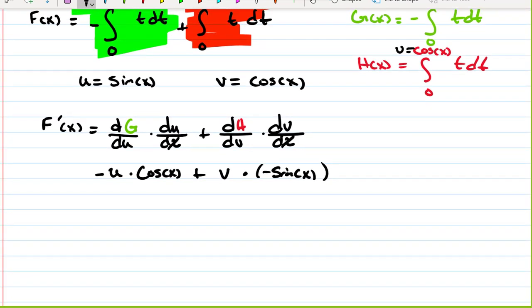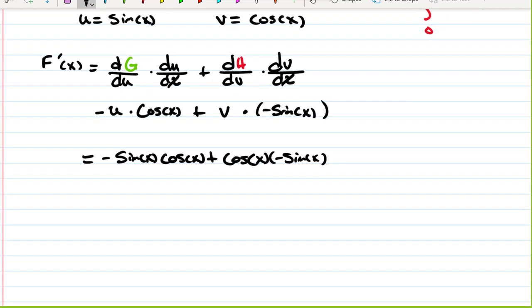And then substituting out u and v, I get negative sine x cosine x plus cosine x times negative sine x. Collecting up my like terms, I get -2 sine x cosine x. So after all of that, I get the derivative f prime is -2 sine x cosine x.